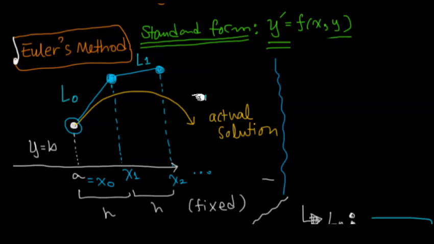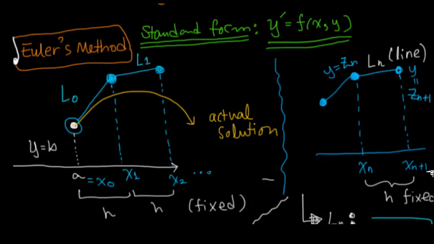So on this side here, I'm trying to write down the general formula. Let's say in this process we're at x_n, and we have the y coordinate given by z_n.